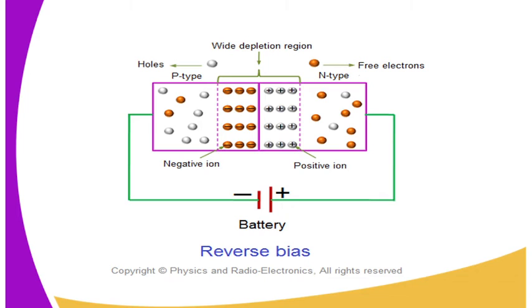The holes and the electrons in their respective regions are attracted away from the junction by the external voltage. The depletion region grows wider and wider. This increases the concentration of the fixed positive and negative ions and increases the thickness of the depletion layer. However, a small current due to the flow of minority charge carriers, leakage current, flows.